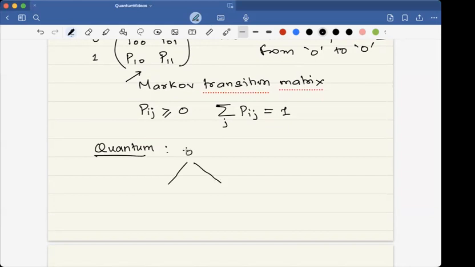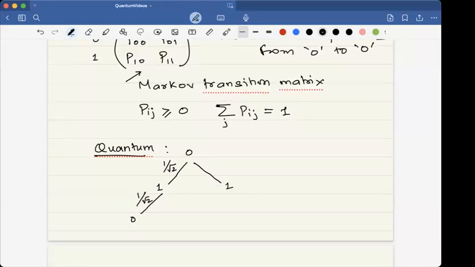Again, we are transitioning from 0 to 1, but instead of probabilities, we have probability amplitudes, which may in fact be complex numbers.